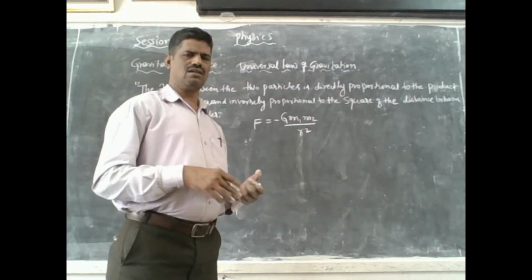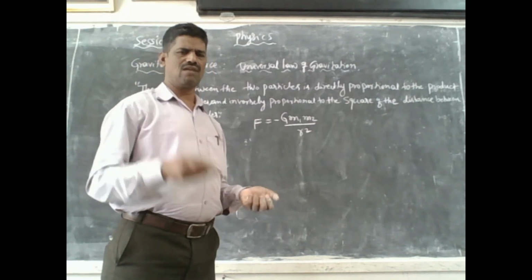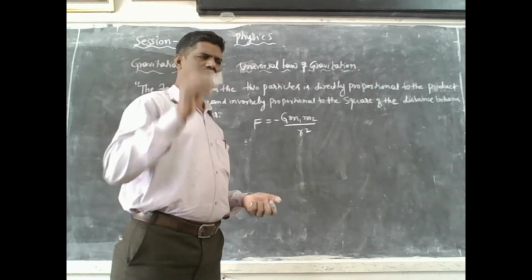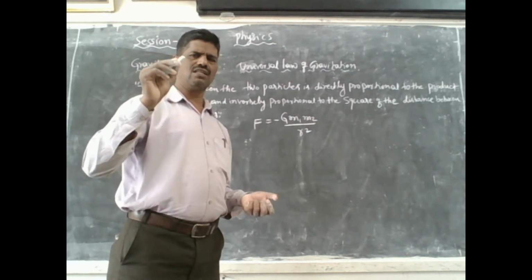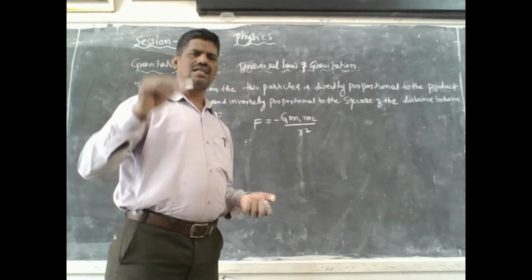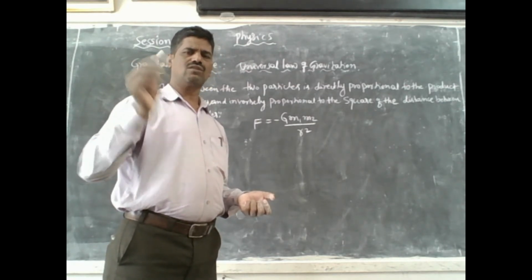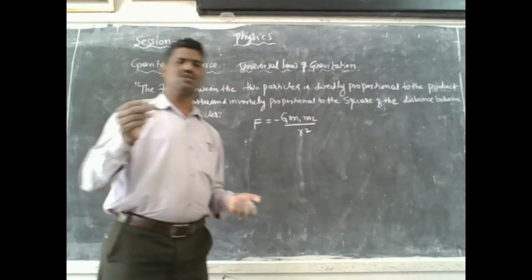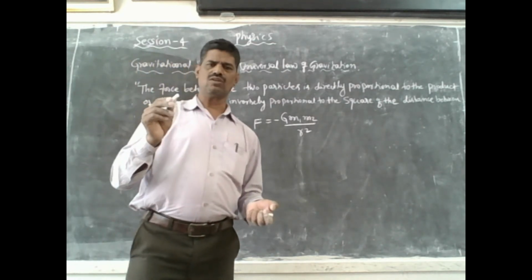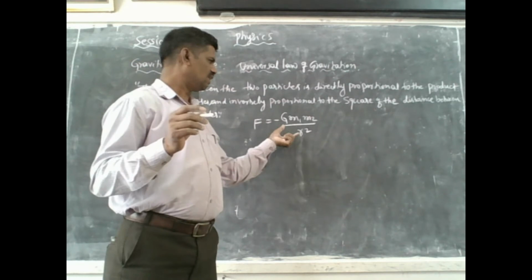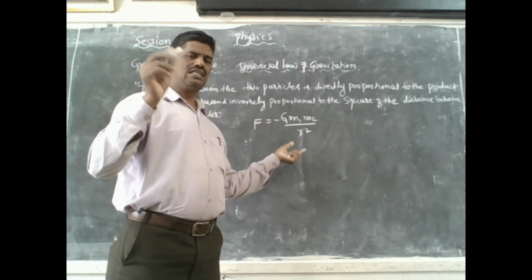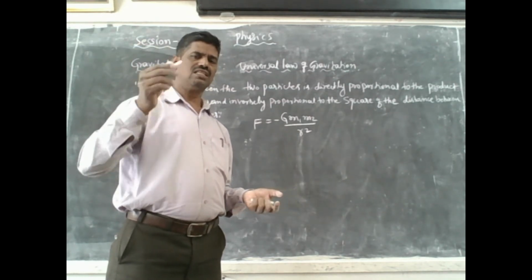So that may be a ball or a chalk piece or whatever particle that has mass, which is attracted towards the center of the earth with a force equal to its weight. The distance between them is r.